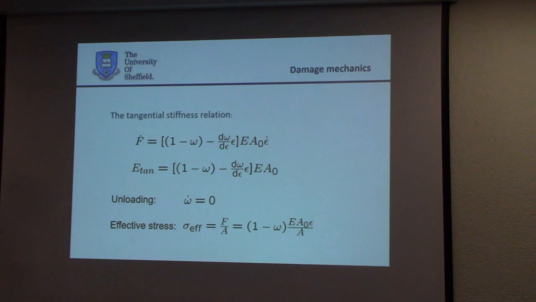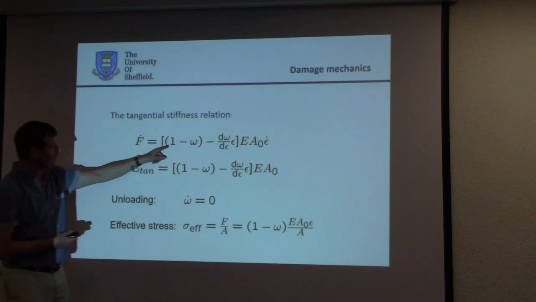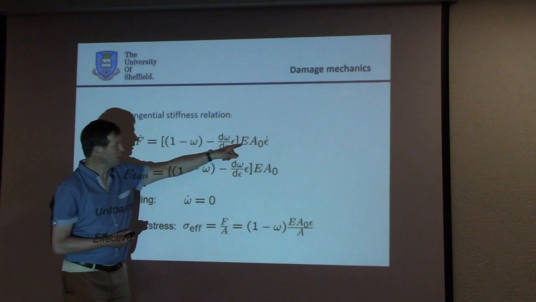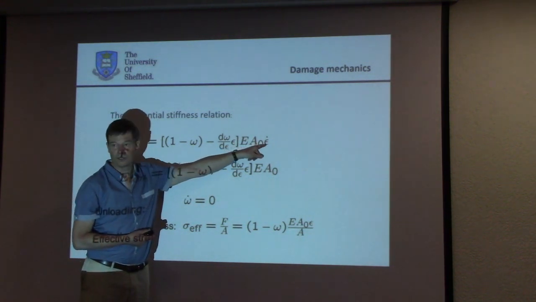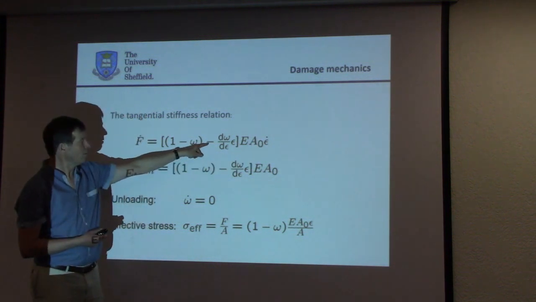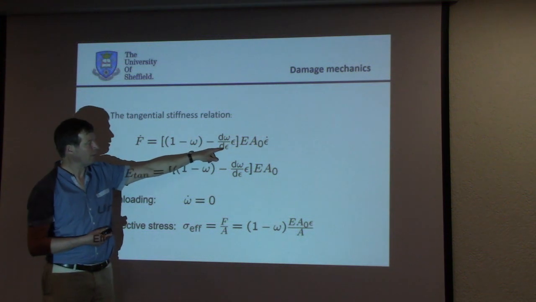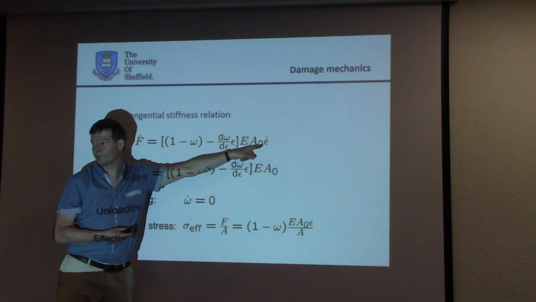So the next thing is that we derive the tensile stiffness. So we here take our derivative of F. It's 1 minus omega times E times A0 times epsilon dot, minus the derivative of omega with respect to epsilon times E times A0 times epsilon dot.